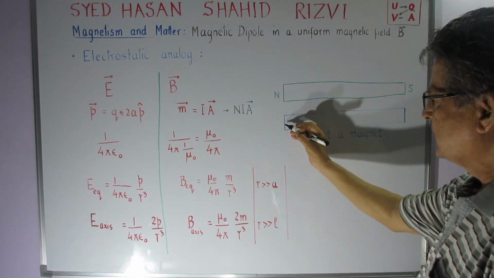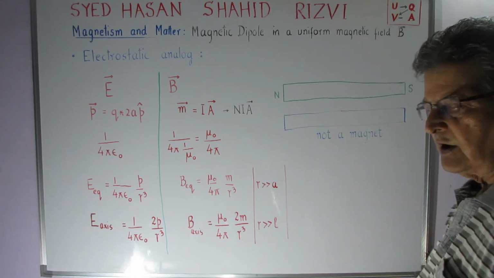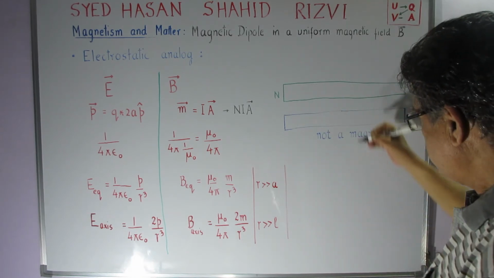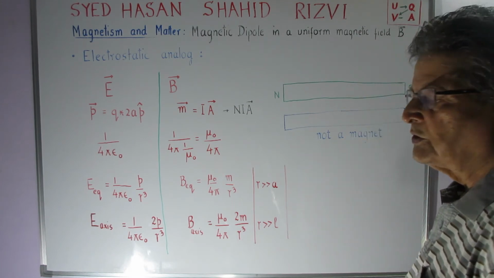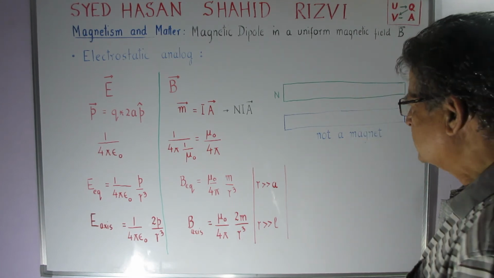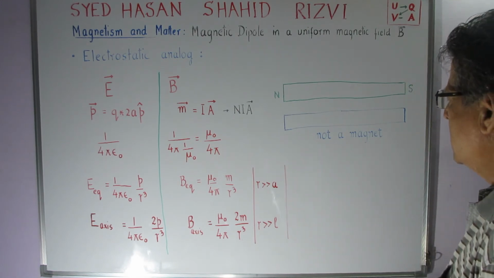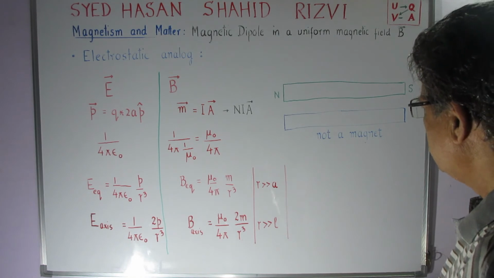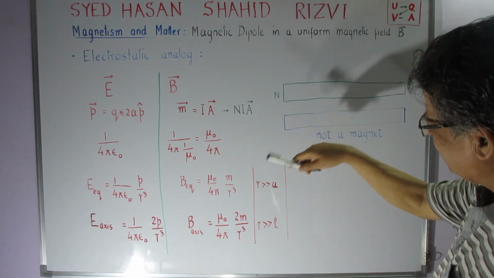So there will be a substantive attraction on this side and also on this side. If I keep it in the middle, then also there will be an attraction, and the attraction will be substantive.